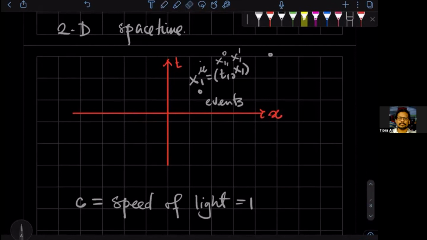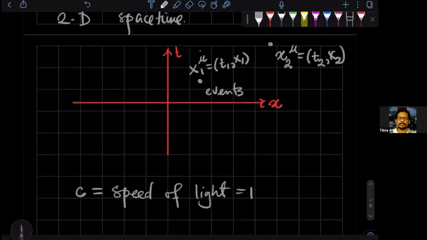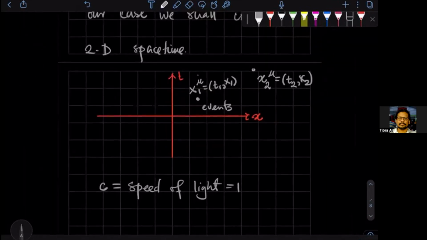The time component is labeled as the 0. And the second point, we are going to call x2 mu, and that will be (t2, x2). Okay, is this clear what the notation is here? The notation is very important.